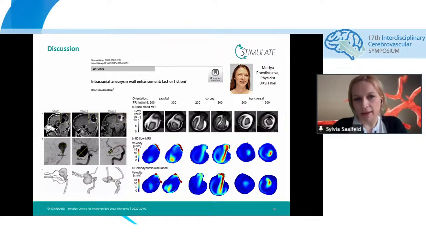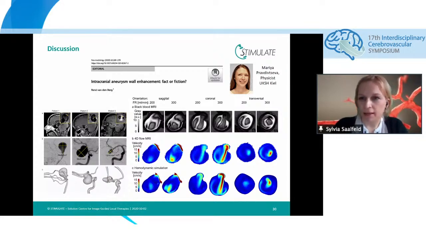We can compare the signal intensity in the black blood MRI dataset with 4D flow MRI, as well as the CFD simulation. And we can also analyze whether there is a relationship between the signal intensity in the MRI dataset as well as the mean velocity of the blood flow.